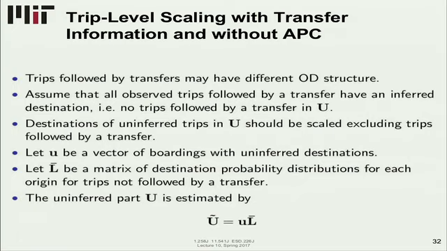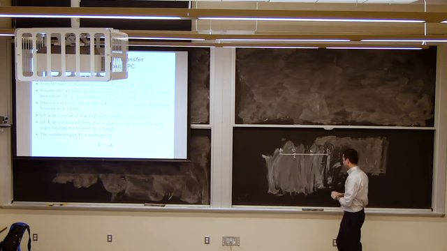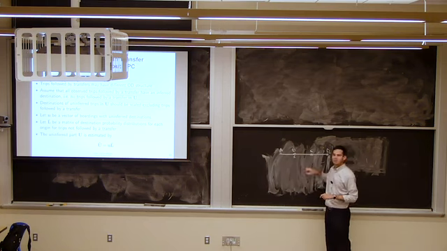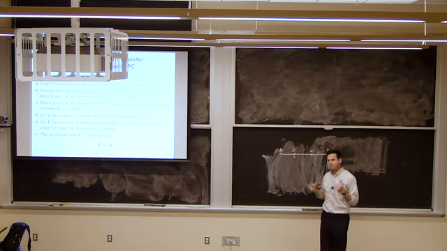So if we make the assumption that in every case where we have a transfer, we've successfully inferred the destination, then we have to say that none of the people who are uninferred had a transfer afterwards, right? Okay. And what if this is a very popular rail station and a lot of people take it?